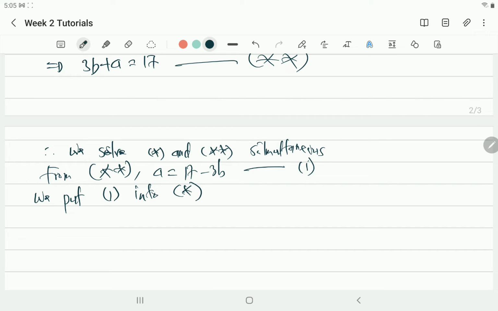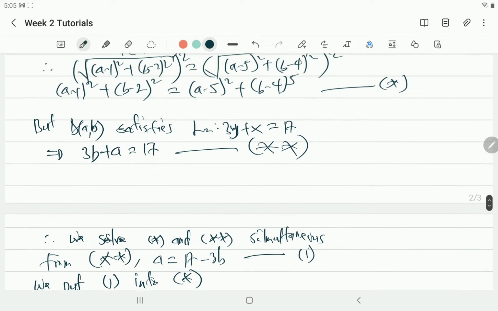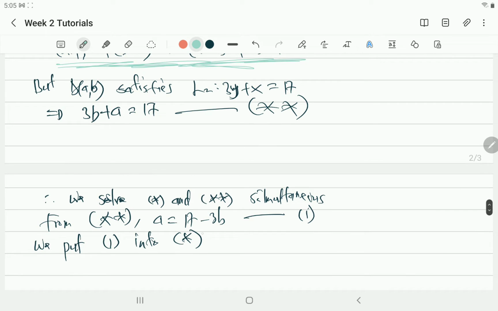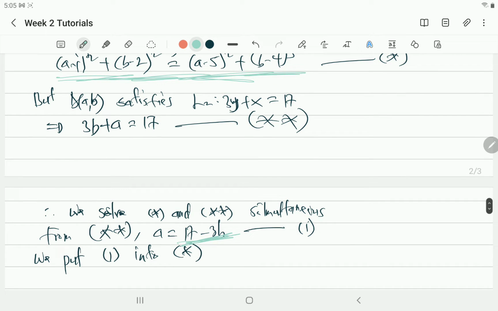Wherever I see a in this big expression, I'm going to put 17 minus 3b there, right? So let me just make it this way so that I can write it quickly.